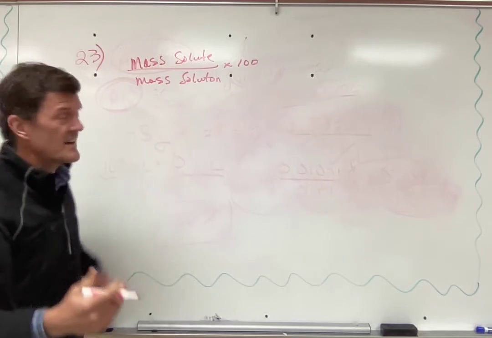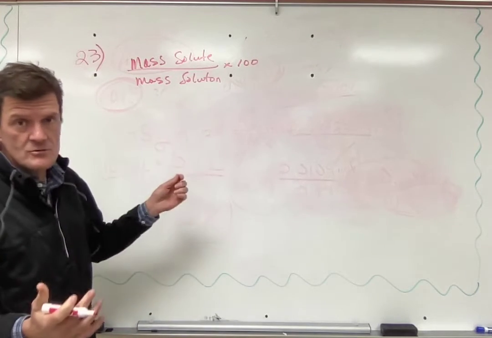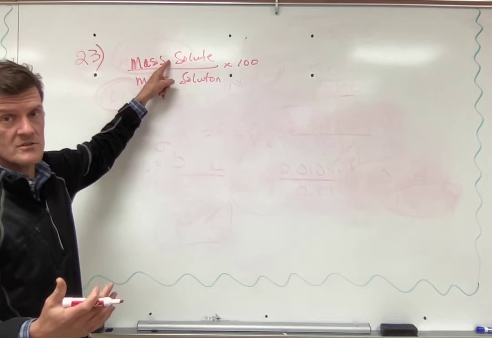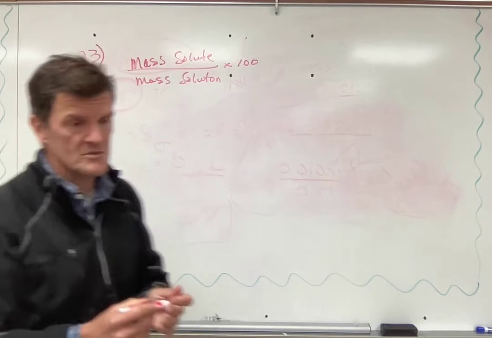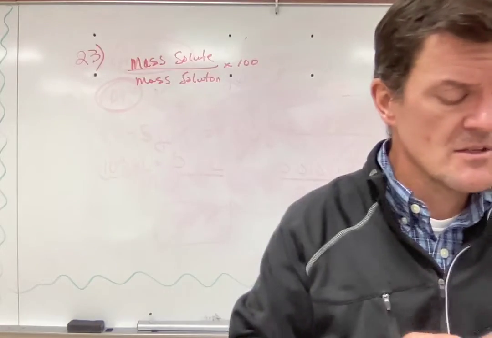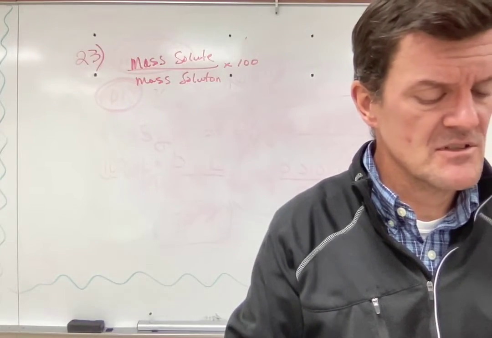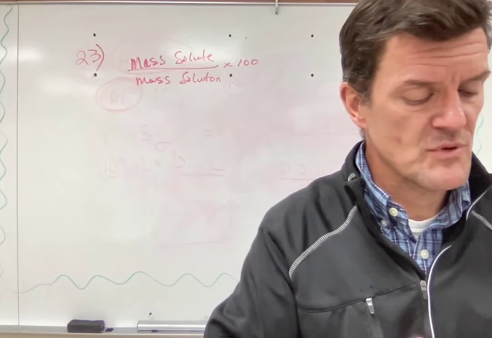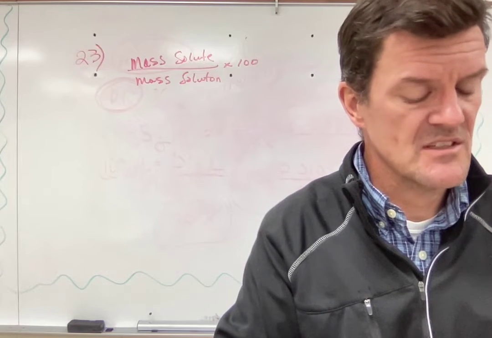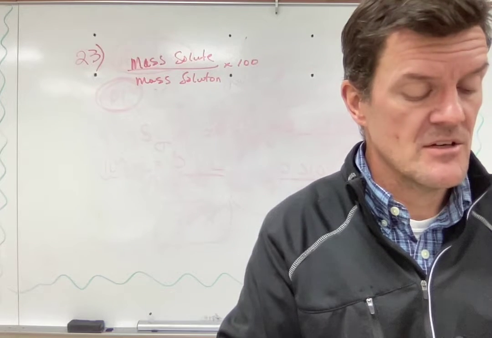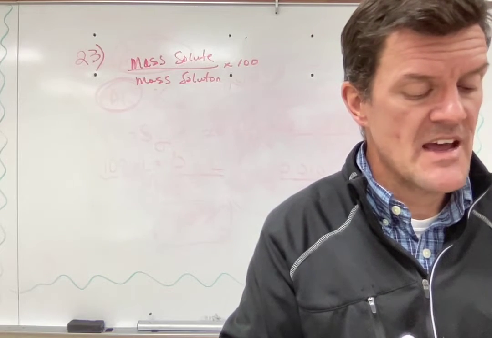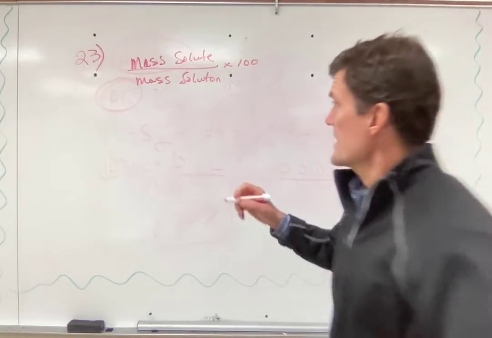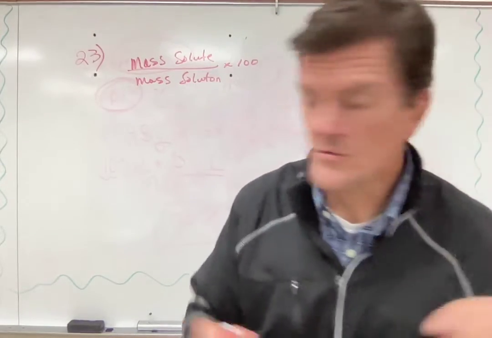So you're basically finding out of the entire solution, how much of it is the solute, like the sugar that you dissolve, out of the total mass of the solution. So we need to find those two things. So we have here an aqueous solution, that is concentration, and a density of that. Okay, let me think here. So we have a molarity and a density. Let's look at this. Okay, molarity is 6.23.